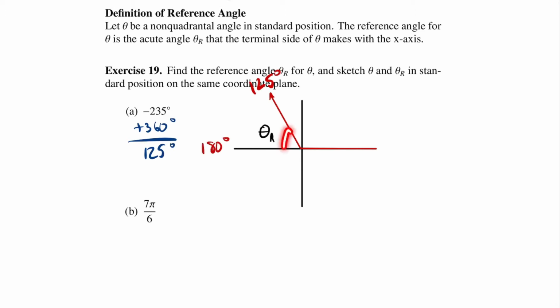So in order to find this angle, you take 180 and subtract 125 from it, and that's how you find your reference angle. I believe that's going to be 55. Yeah, 55 degrees is the reference angle. So let's write that: theta sub r is equal to 55 degrees.